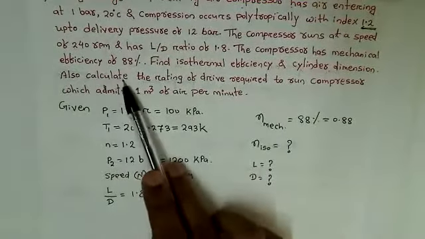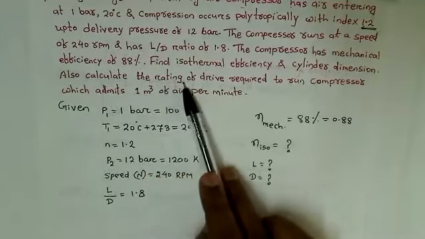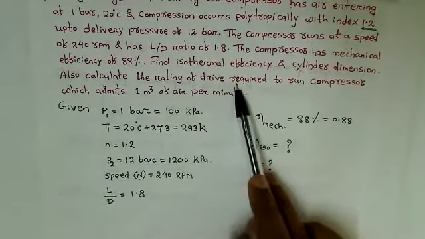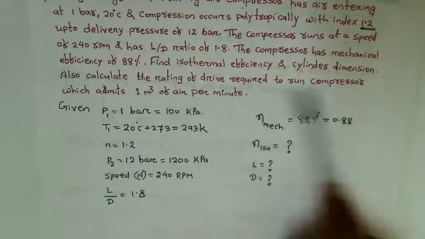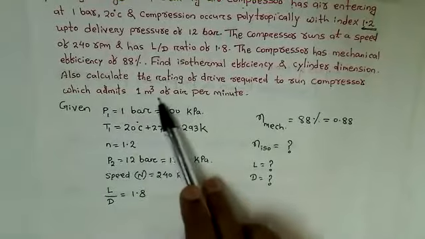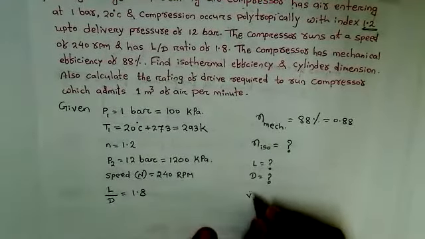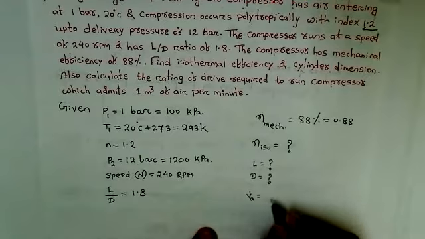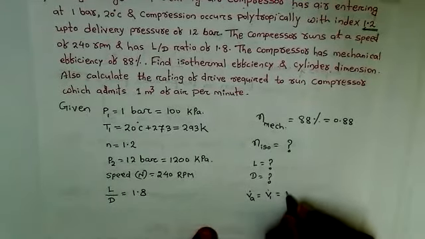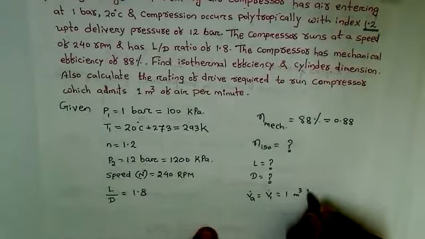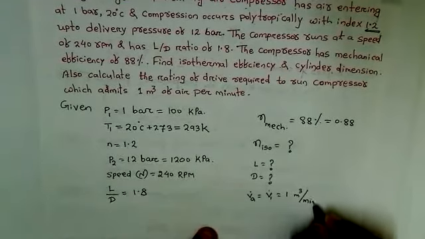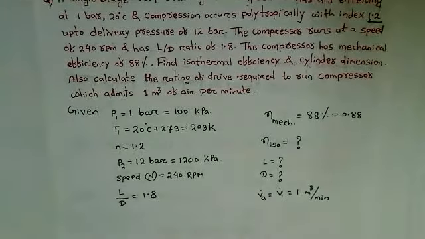Then also calculate the rating of drive required to run the compressor, which admits 1 meter cube of air per minute. So what is the volume flow rate of the air? The inlet volume of the air is 1 meter cube per minute.